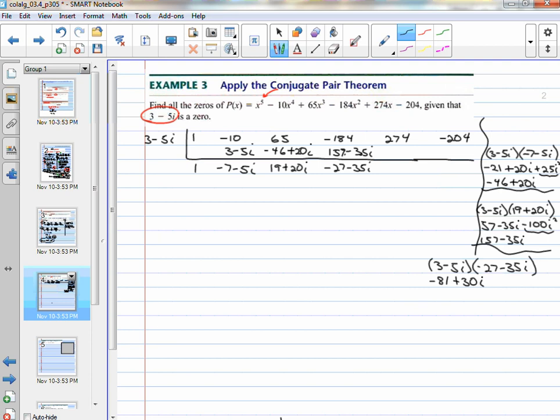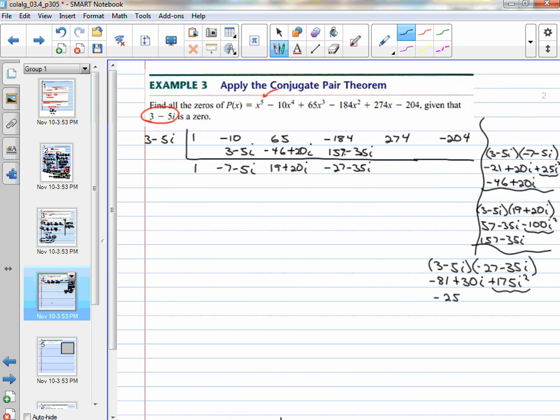Last terms. Did I do this right? Okay, yeah. What's 5 times 35? I hope so too. Positive 175i squared. So we know that's really minus 175. What's negative 81 minus 175?